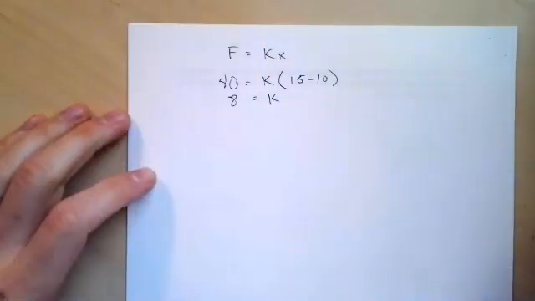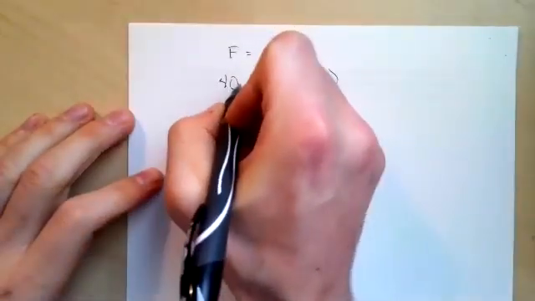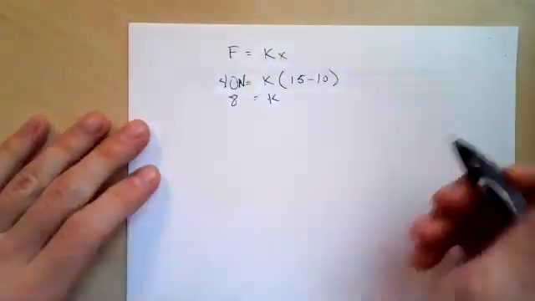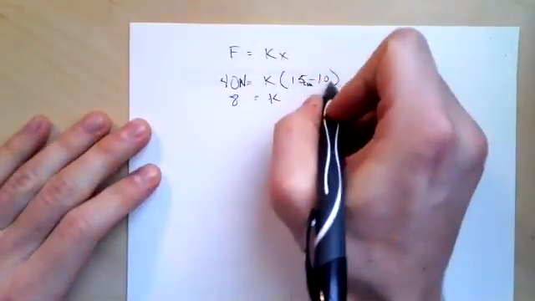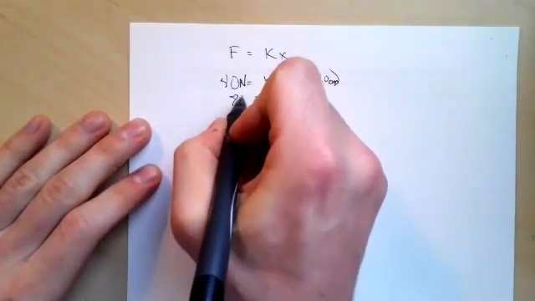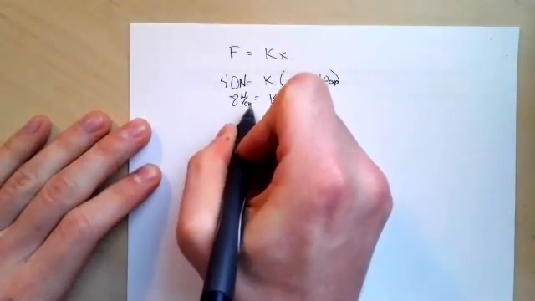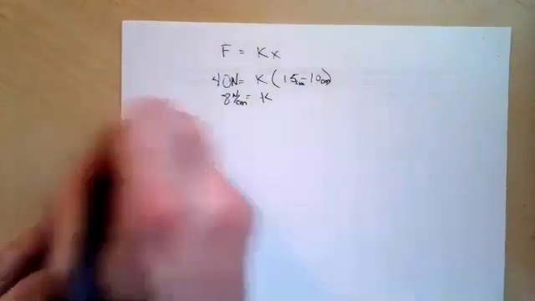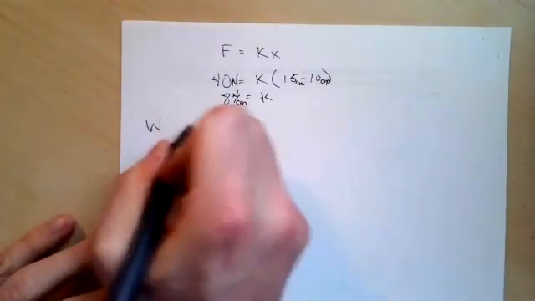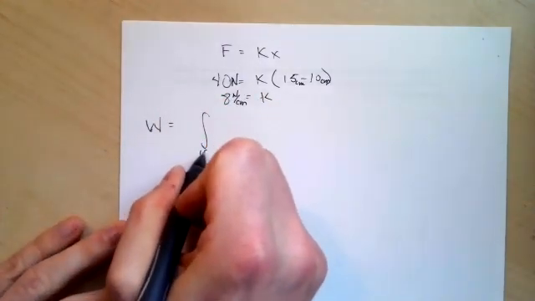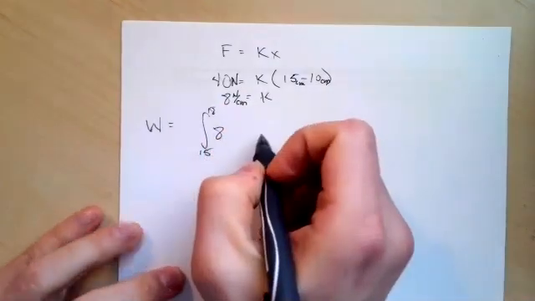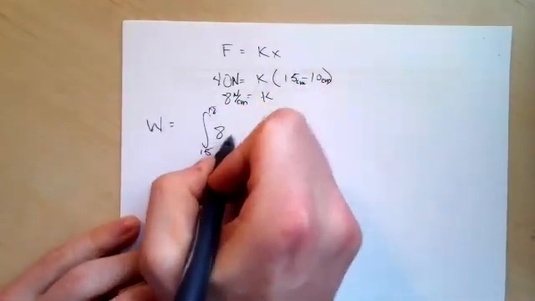And if we wanted to give a unit to that, 40 newtons, these are both in centimeters, I believe, yep. So we will have newtons per centimeter as the units for k. So our total work is the integral from 15 to 18 of 8x dx.